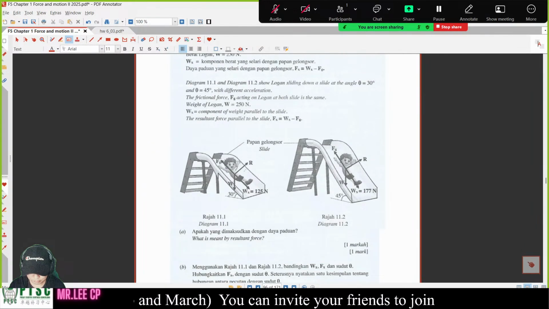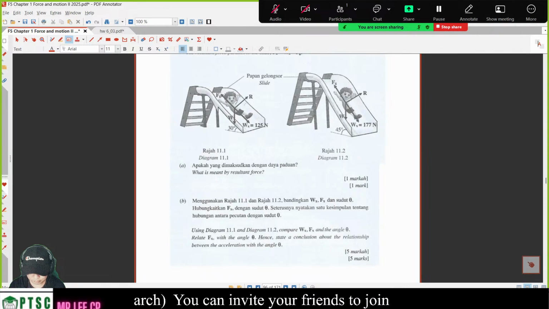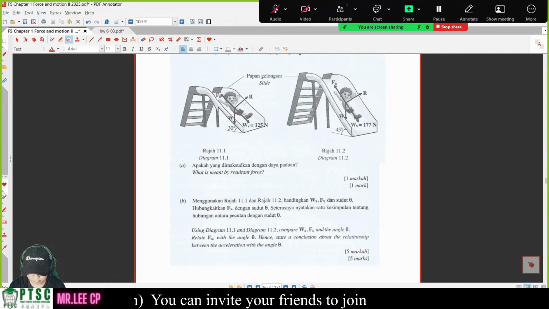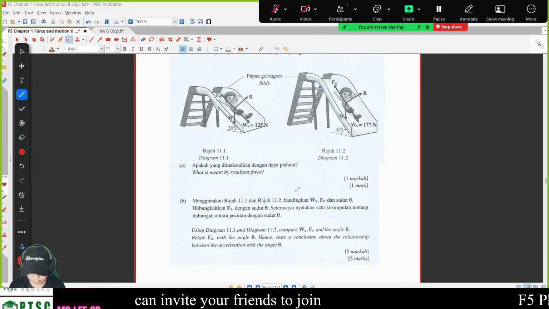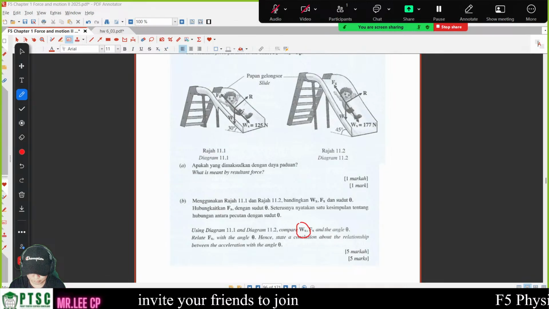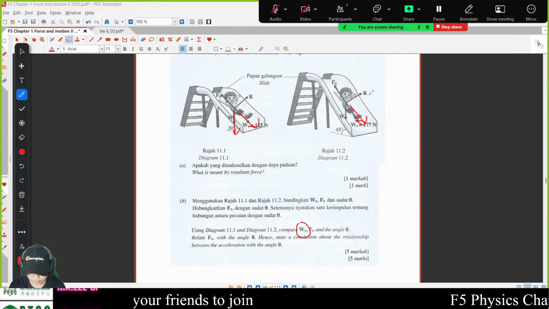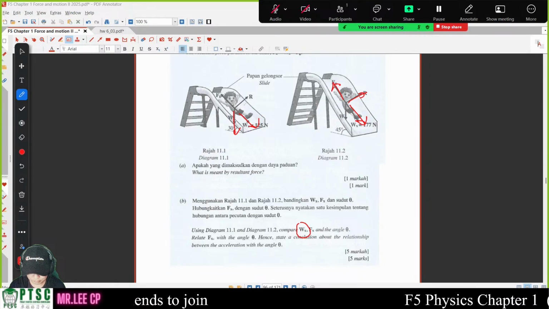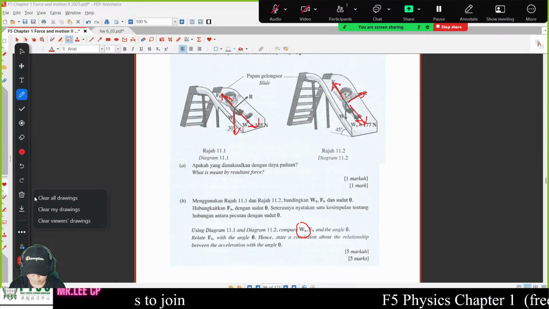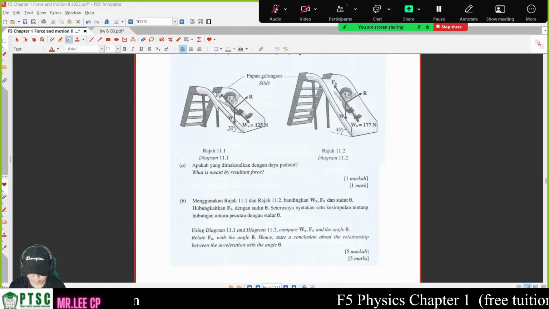Okay. Now, 11.1 and 11.2, you have Wx, Fx, and angle theta. We go and see each one. Wx 125, Wx 177. This is 30. This is R. This is Fg. So this is 30, this is 45.